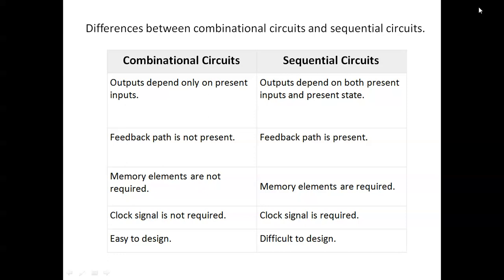Sequential circuit has a feedback path. Combinational circuit doesn't have a memory element; sequential circuit has a memory element. Clock signal is not required for combinational circuit, and for sequential circuit clock signal is required. Combinational circuit is easy to design; sequential circuit is difficult to design.